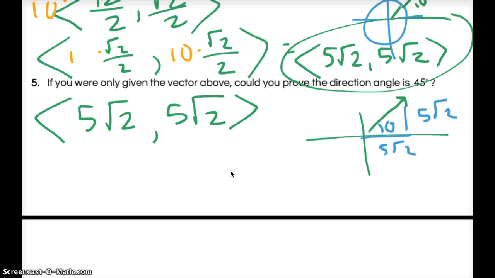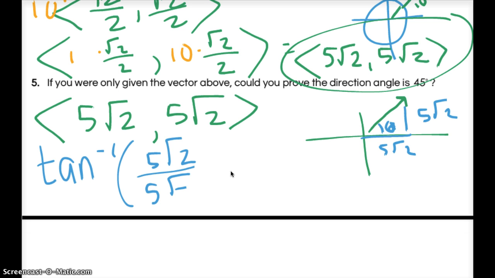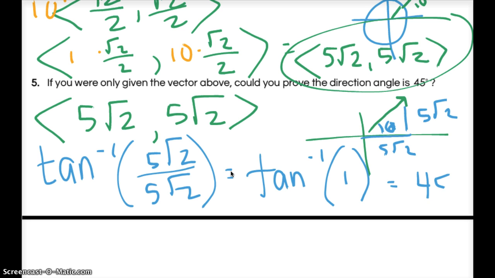A lot of you said, oh, I can find that angle, theta, by using inverse tan. If I took the inverse tan of my opposite side over my adjacent side, because they're the same, I'm taking the inverse tan of 1, which would give me 45 degrees. So we just went backwards and forwards, but let's formalize these ideas.